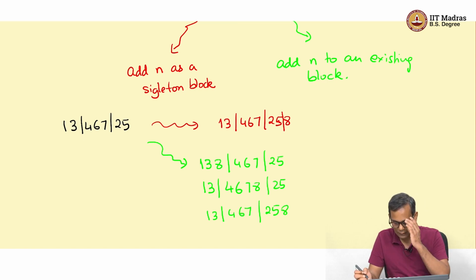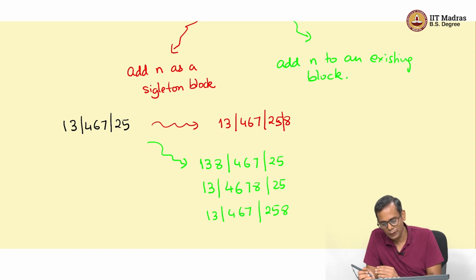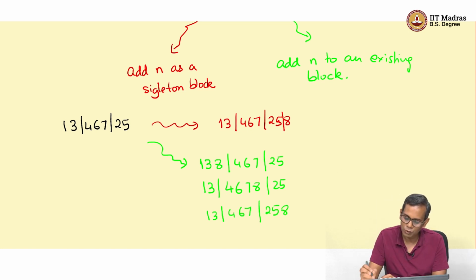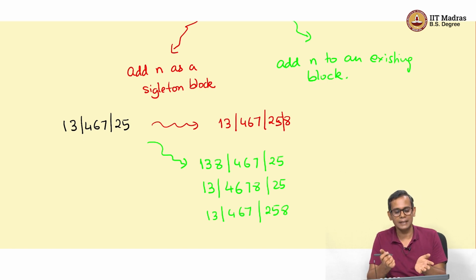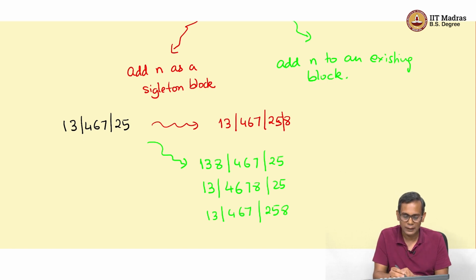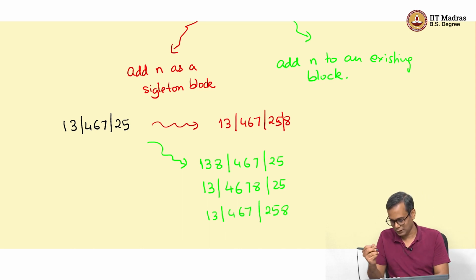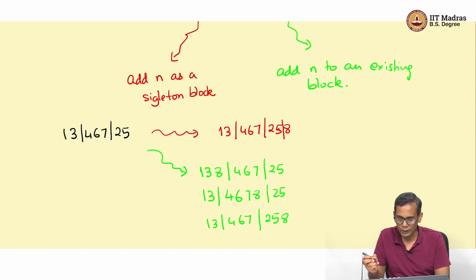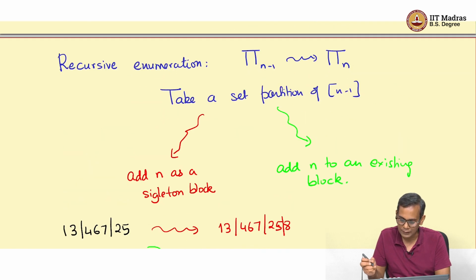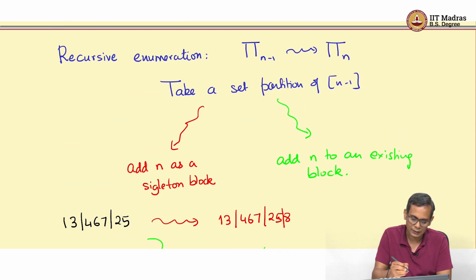And in fact, given a set partition of 1 to 8, any of these partitions for example, I could just remove the 8 and see what is the set partition of 1 to 7 that I got. That will be the partition from which it was constructed. So, the upshot finally is that every set partition occurs uniquely from this construction.